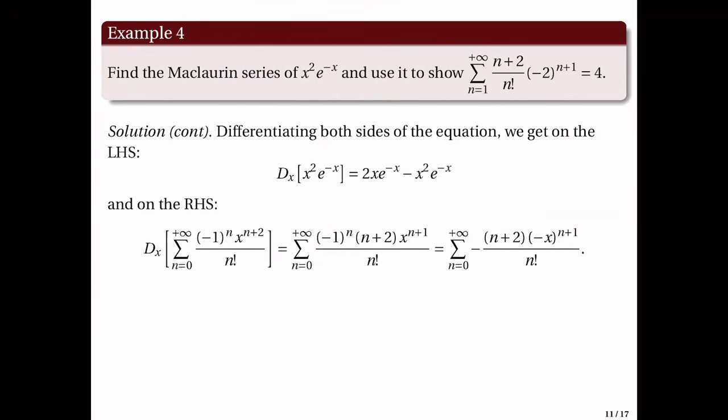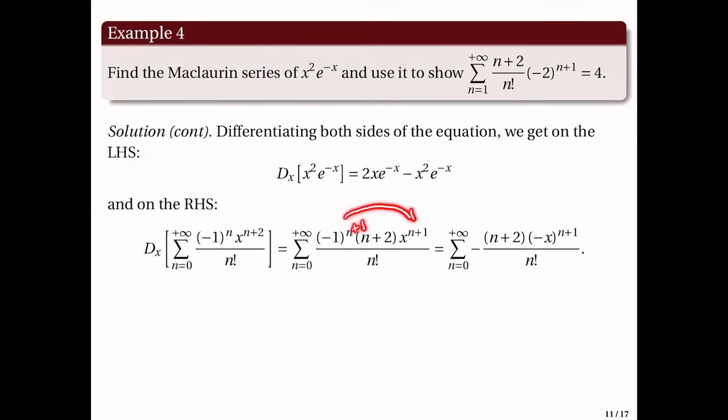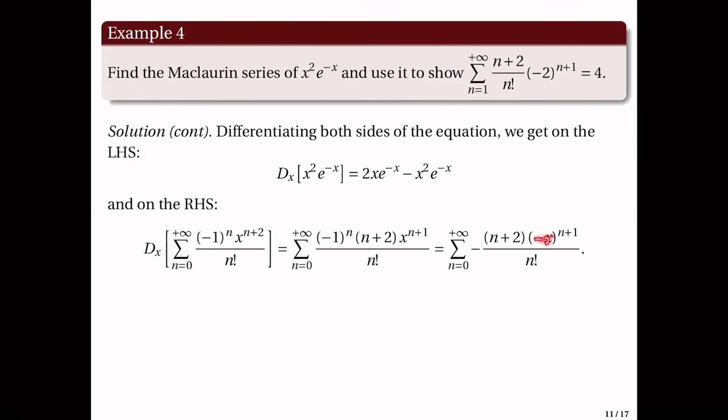So, we get this. Okay? And then, dahil pareho na yung exponents nito, pinagsama natin sila. So, we have negative x raised to n plus 1. Okay? Ito yung isang negative. Okay? Hence, equating the two, we get this. Okay?